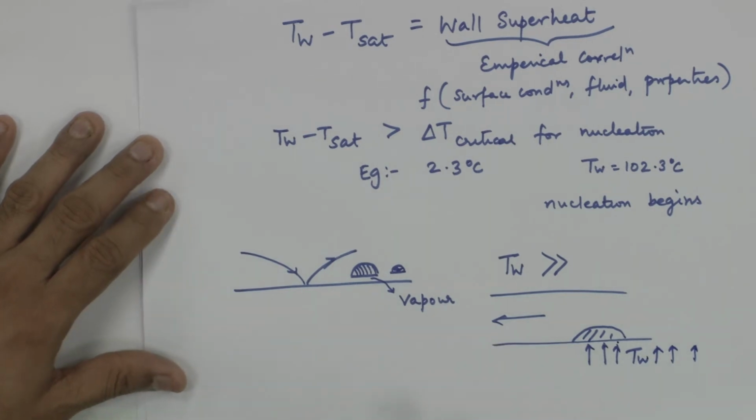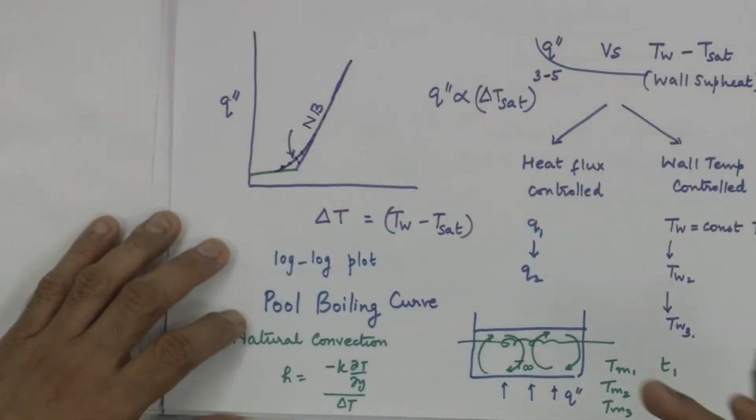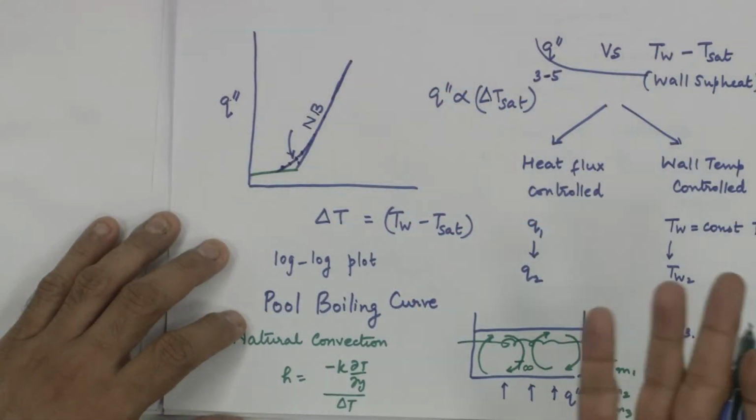Why we are going to go to that is, when the boiling continues, and this experiment that we did in a pool, suppose the pool is open, you're starting to boil water for tea and you allow it to keep on evaporating, what happens to the surface? Eventually the surface starts to become visible without the water, and if you are supplying heat further, the wall temperature will start to increase.